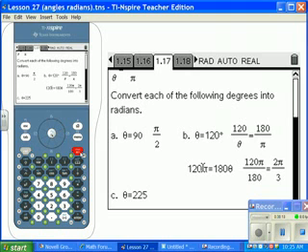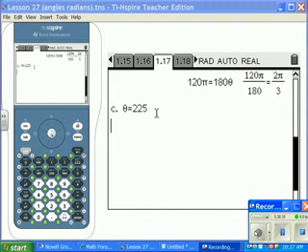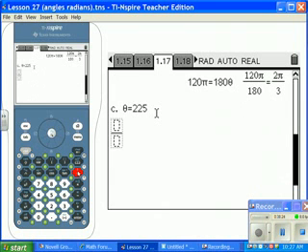Okay? This is important that you guys know how to do this. I want you to try C. Let's have Julie set it up for me, please. Okay. Now what?